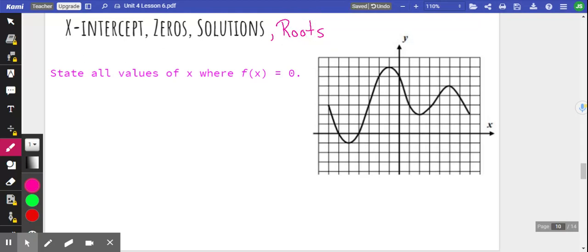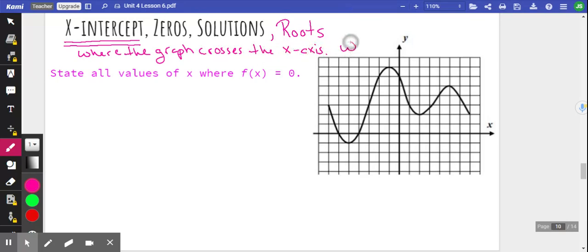When we think about the last problems, the y-intercept is where we crossed the y-axis. One of the names here is x-intercept. So it's where the graph crosses the x-axis.